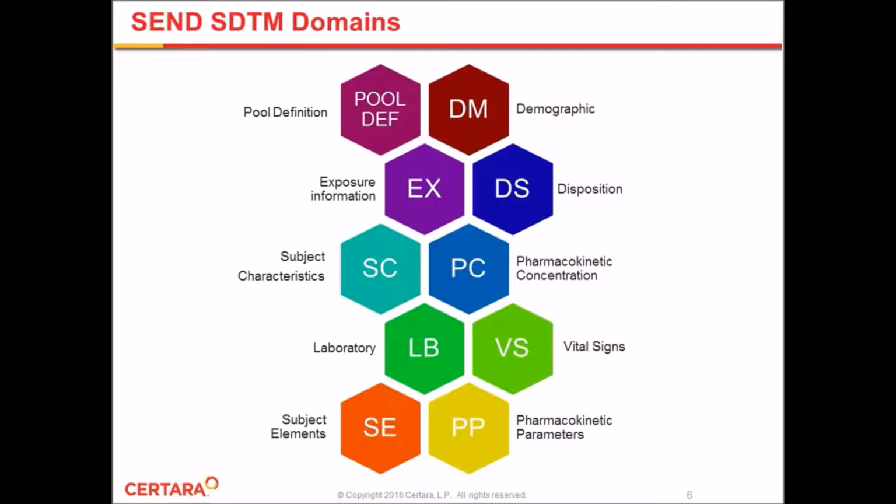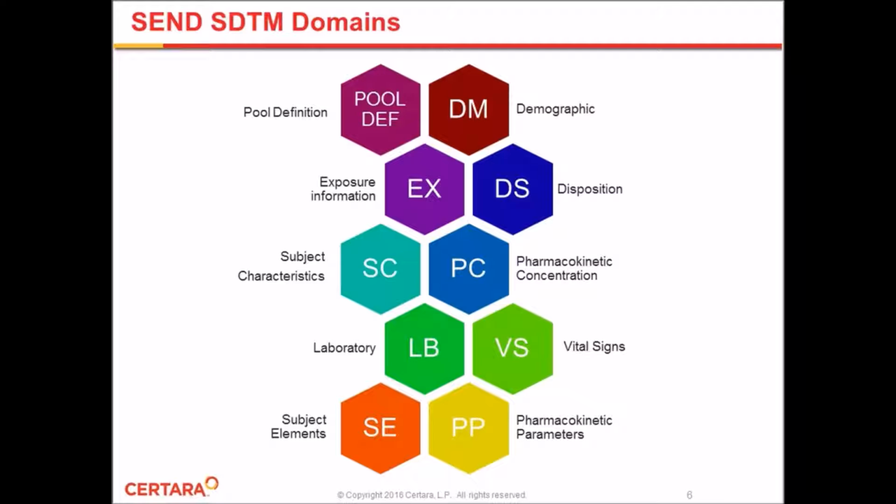So I've given some examples here. In fact, there are up to 28 data sets or domains that you could provide as part of your electronic submission, but I've given you a subset of some of those domains. You can see there's a demographic domain, disposition, laboratory, vital signs, pharmacokinetic concentration, and pharmacokinetic parameters domains. These could be the data sets that you would need to provide for your electronic submission.